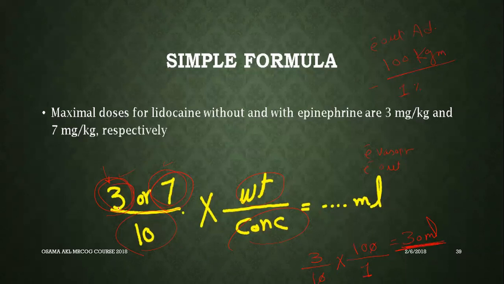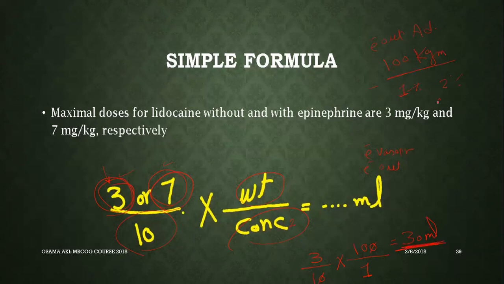So I will use number 3 or number 7 according to without vasopressor or with vasopressor, over 10 multiplied by body weight over concentration. If you are going to use concentration 2%, here I will put 2.